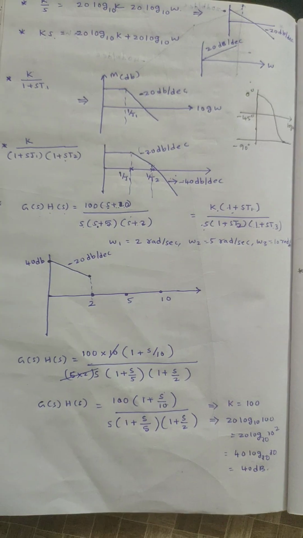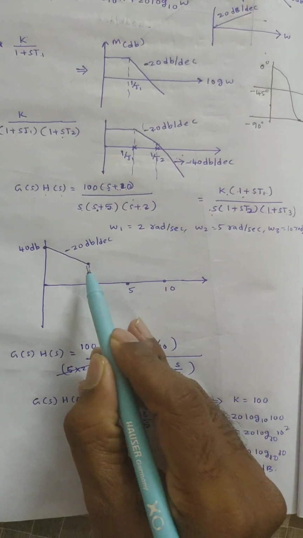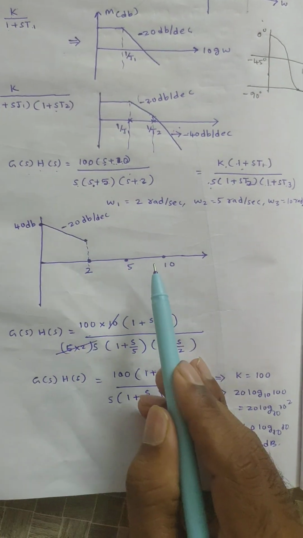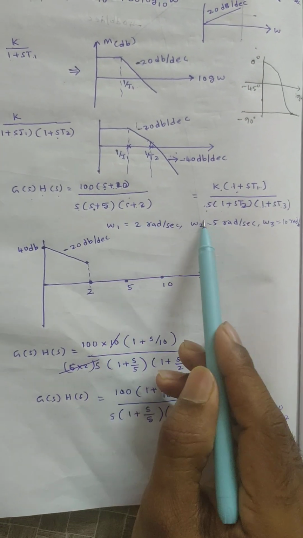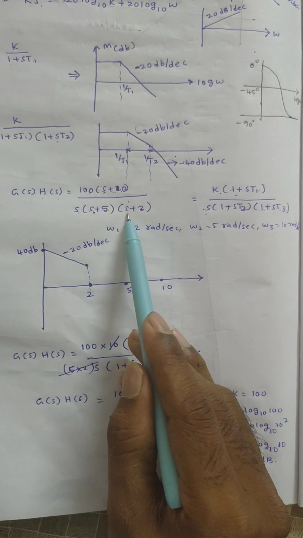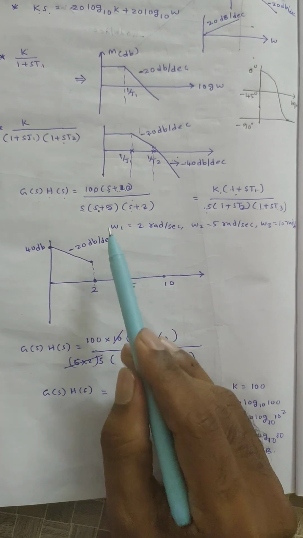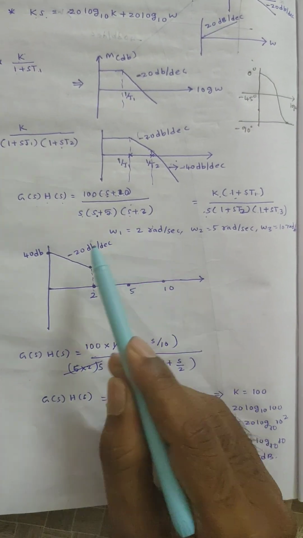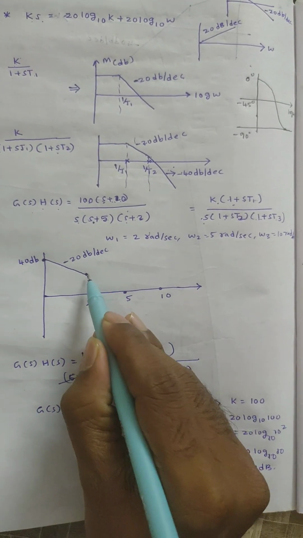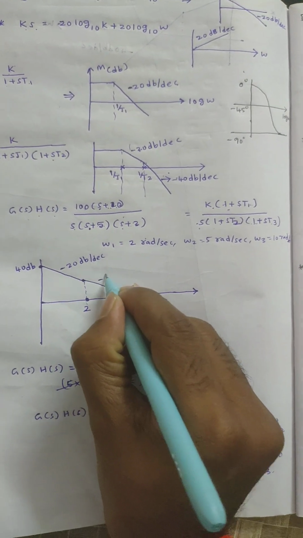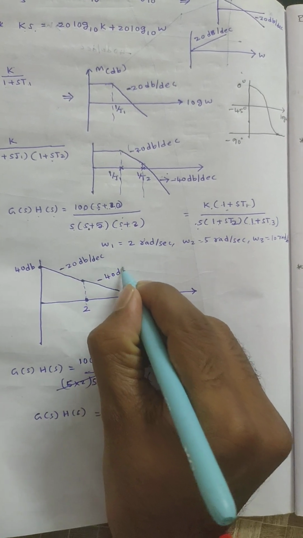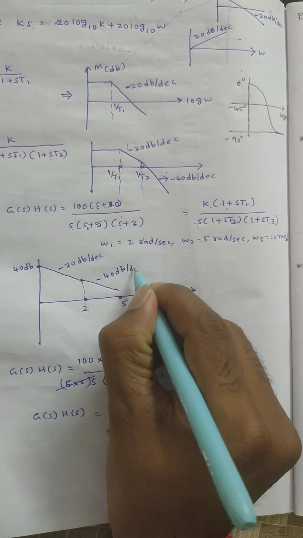Next, after that, from 2 to 5. Again s is equal to 2, omega T is equal to 2 radian. Again it is a pole, and a pole means again minus 20 dB per decade. Already minus 20 dB per decade is present, so again minus 20 and minus 20, minus 40 dB per decade.